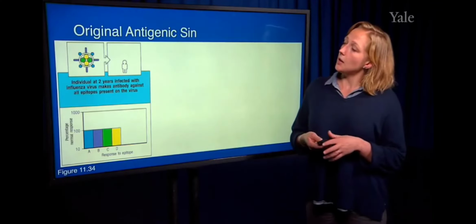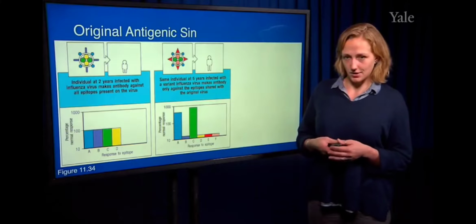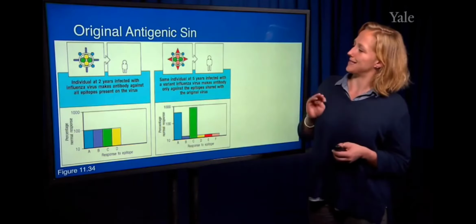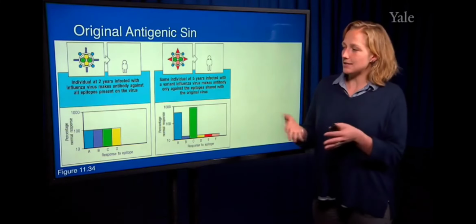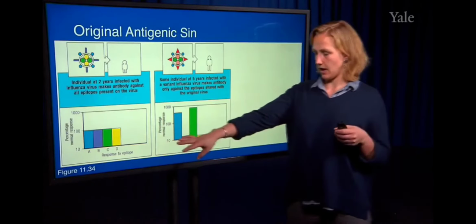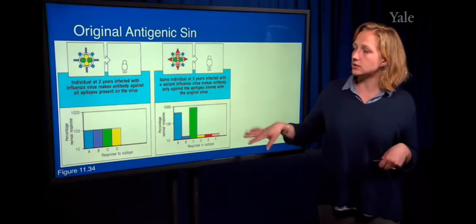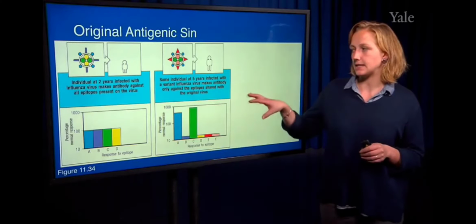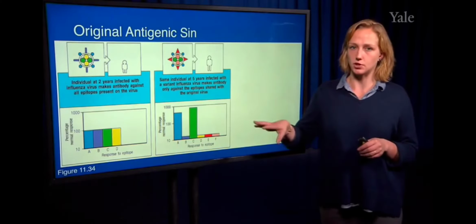Now, later on, at 5 years old, or at any given age, but in this example it's 5, if the same individual 3 years later was infected with another virus that had some of the similar epitopes as the first virus, they will actually only generate antibodies against the epitopes that were shared with the original virus.